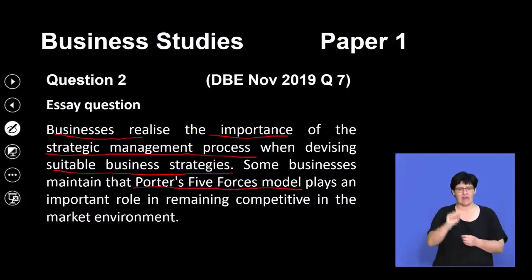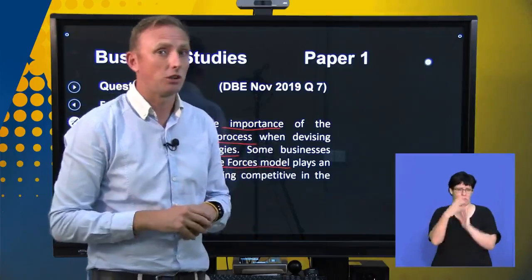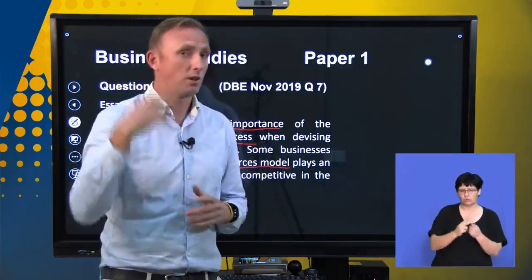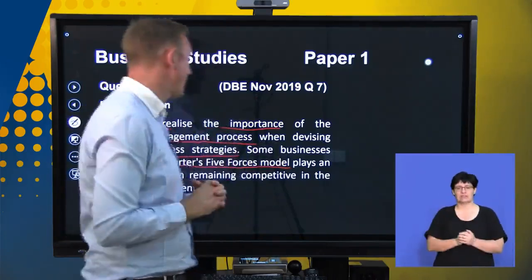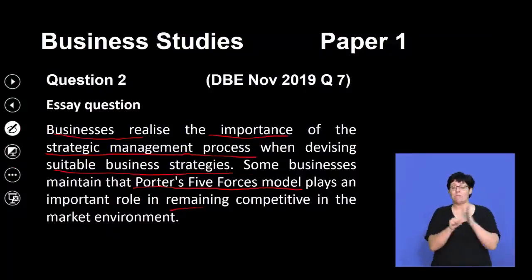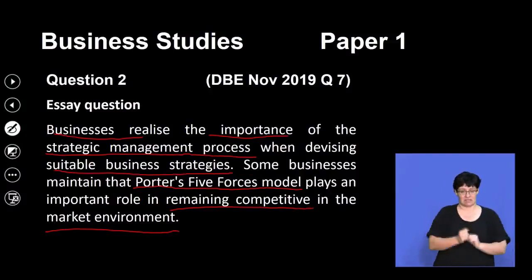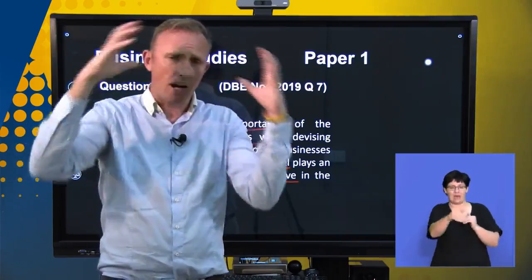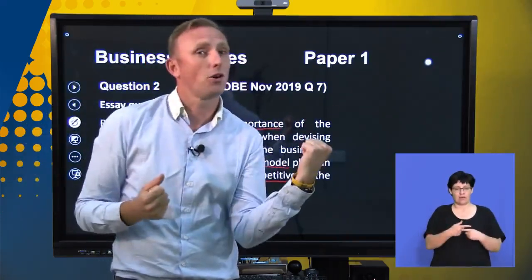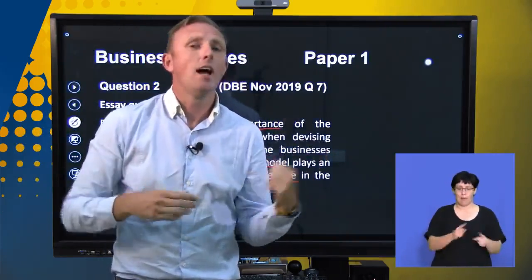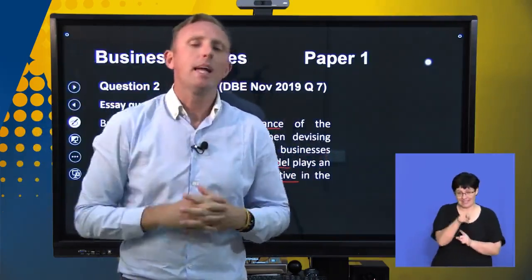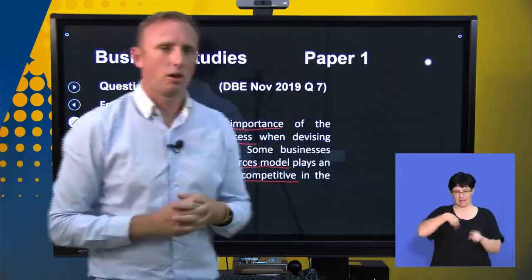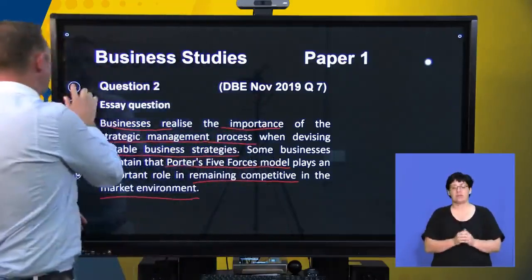So now we're looking at different industrial tools that we can use, of which Porter's 5 forces is one of them, plays an important role in remaining competitive in the market environment. So remember, the market environment is that environment just outside of the business. Business has no control over it. However, we can influence a degree of control over it. So let's see what the question is going to ask from us.